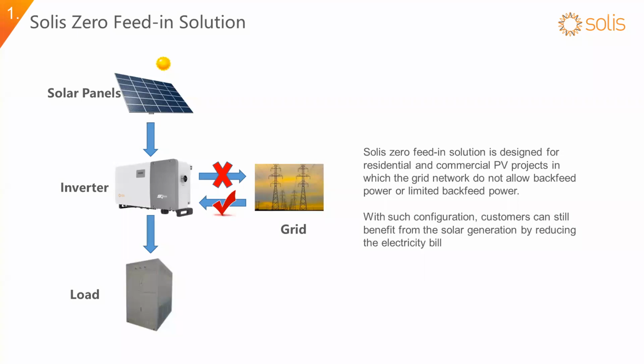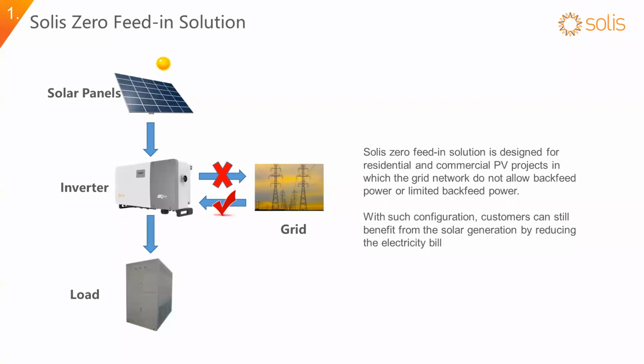With such a configuration, customers can still benefit from solar generation by reducing their electricity bill, because all your solar generation will go to support your load, which means your consumption from the grid will be lower, so the electricity bill will be reduced.